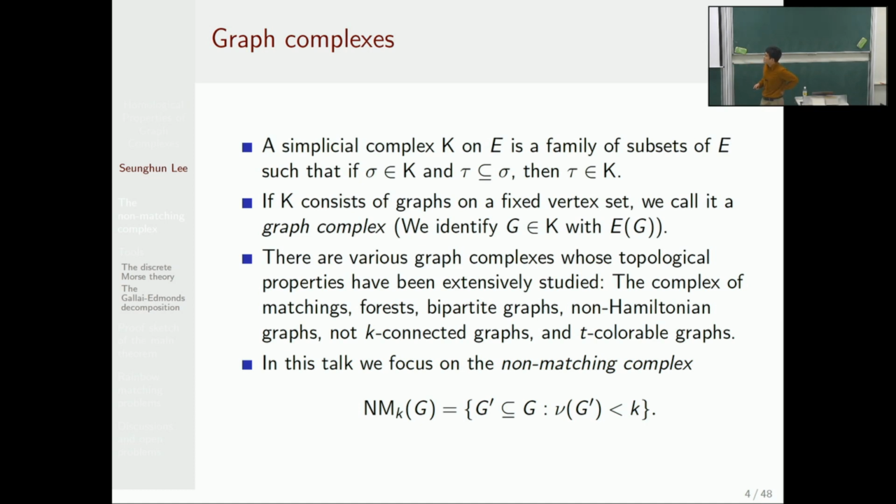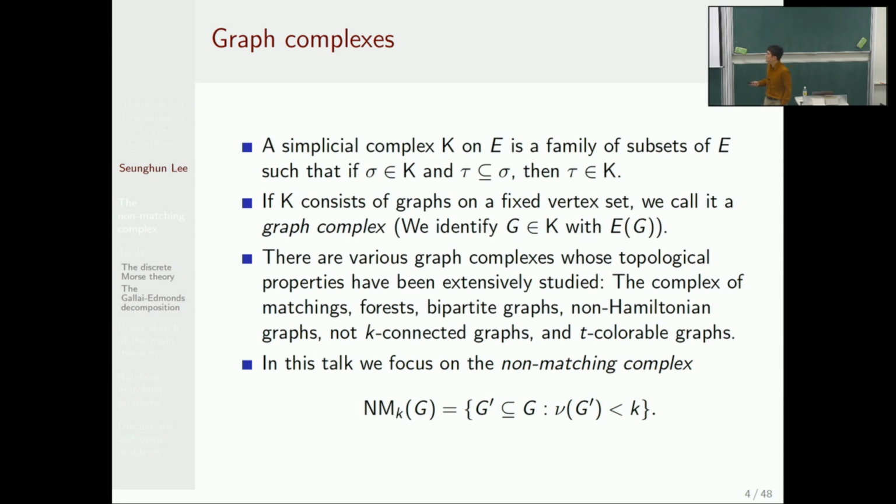There are various graph complexes whose topological properties have been extensively studied. For example, the complexes of matchings, forests, bipartite graphs, non-Hamiltonian graphs, not k-connected graphs, t-colorable graphs, and so on. Basically, every monotone graph property can define a graph complex, and graph complexes can define monotone graph properties, and vice versa.